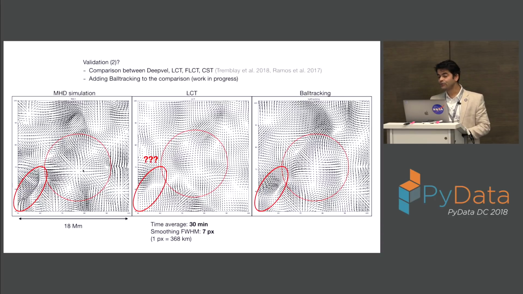So the true value of the velocity lies in the MEM-HD simulation. You compare that with LCT, local correlation tracking, and ball tracking. And for example, you can see that LCT has trouble resolving the fine structure of the flow patterns. And ball tracking is qualitatively doing a slightly better job.